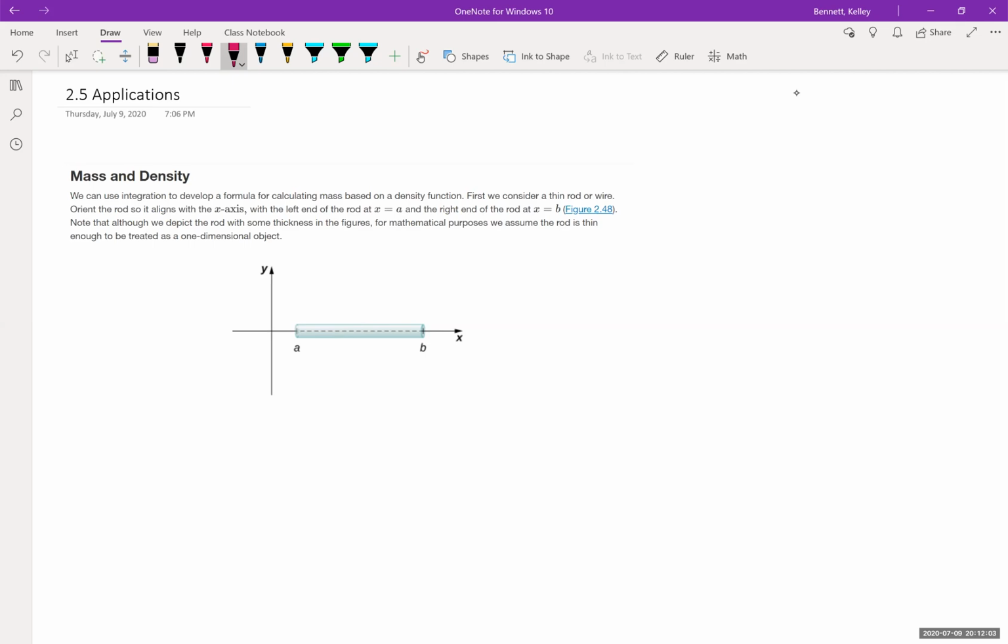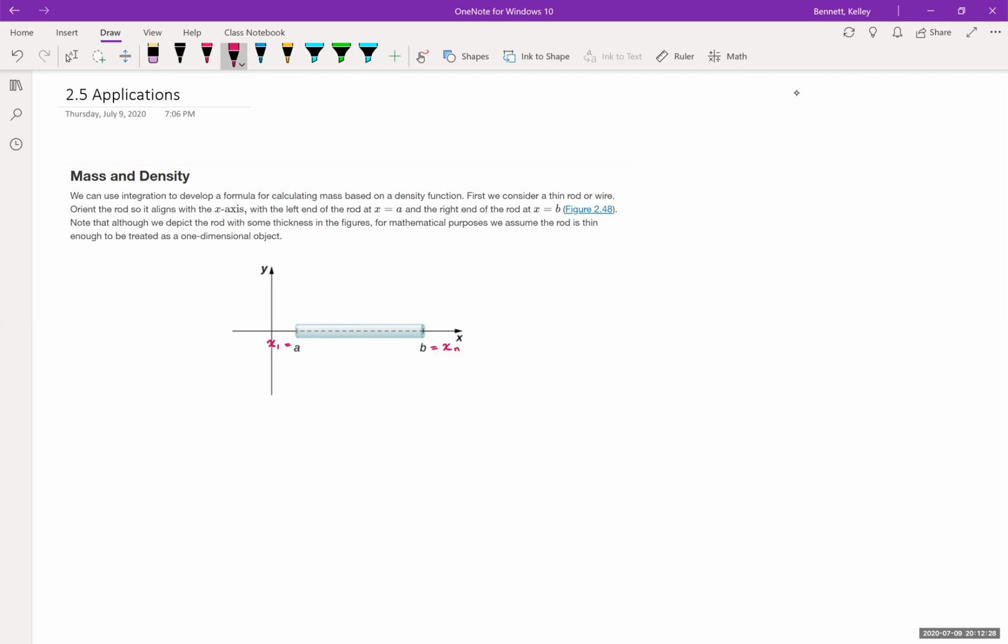We're going to partition the heck out of it, and then once we have enough partitions, that becomes the integral. So if we zoom in, because we're partitioning, we're going to let x1 equal a, and then b is going to be equal to the last slice, xn.